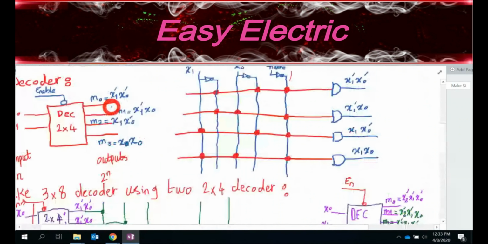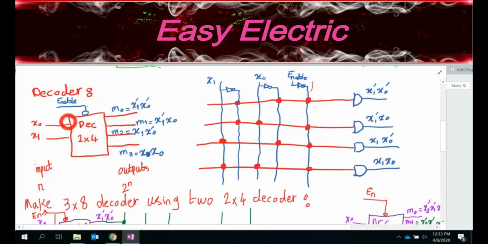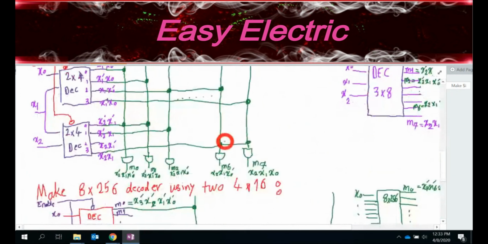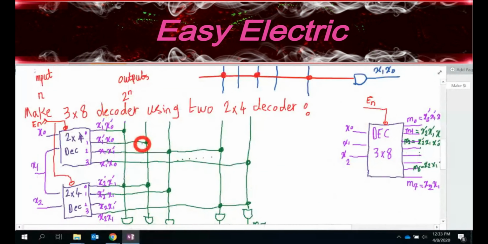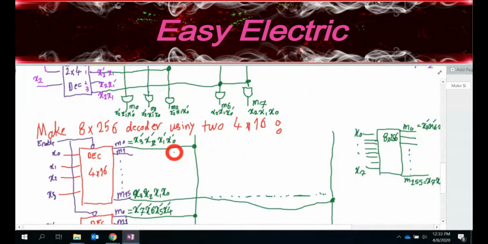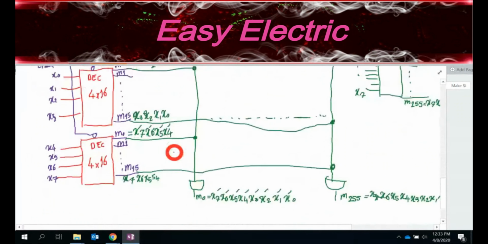We start with 2 by 4, which we learned how to make with regular, normal gates. Then we use 2 by 4 to make 3 by 8. Then based on what you learn here, you are able to make any decoder based on these 3 examples, okay?